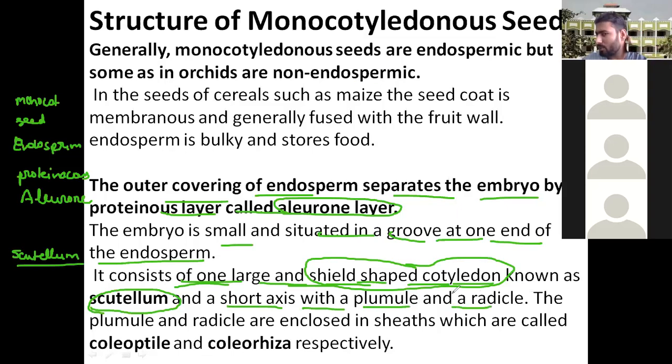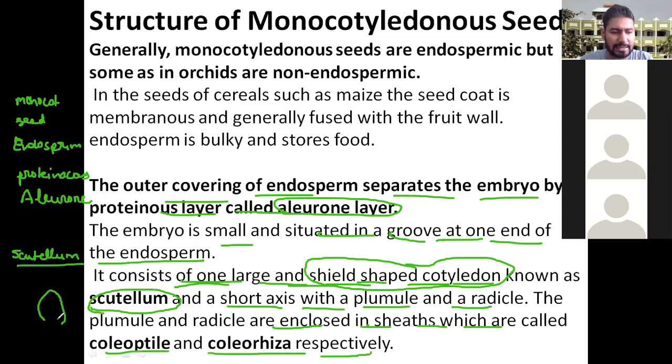They have the plumule and radicle, but you can't say that the plumule and radicle are replaced by the coleoptile and coleorhiza. The plumule and radicle are enclosed in sheaths, which are called the coleoptile and coleorhiza respectively.